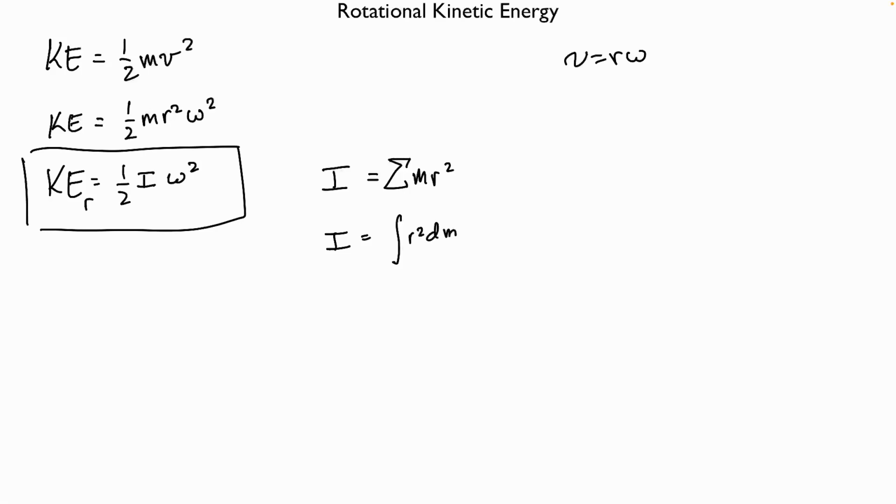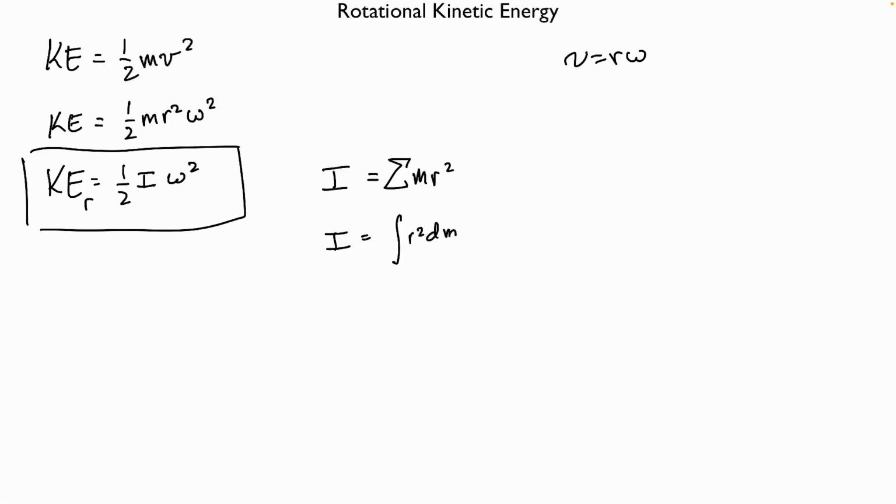And I know your brain just kind of went, because how do you integrate over mass? You're not going to really learn the answer to that question until Physics 4b, where we won't integrate over mass, but we will integrate over other things like charge, and it'll come back to mass just a little bit.